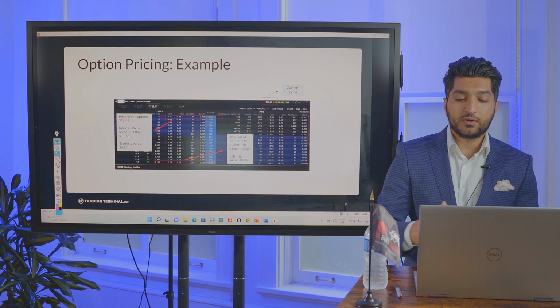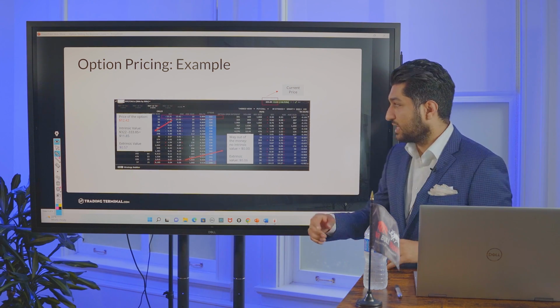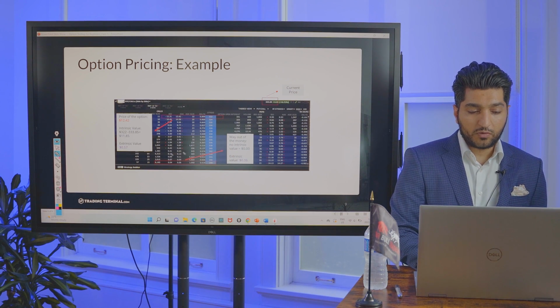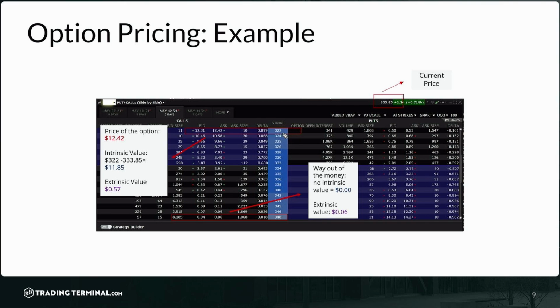Let's look at those in the money calls that I just mentioned, in the money calls over here. This call at 322 is trading at $12.42. What is the stock currently trading at? The stock is currently trading at $333.85 right here.